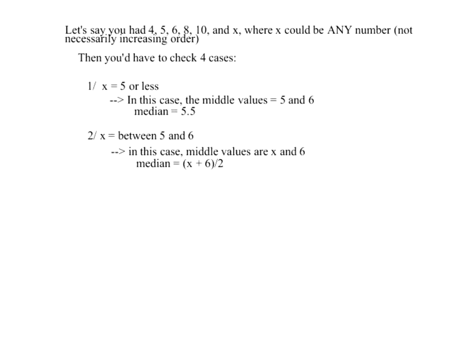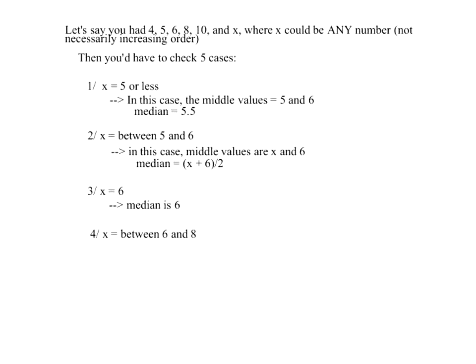If x is 6, then in this case, the median is 6. I guess you're looking at 5 cases, not really 4. And then if x is between 6 and 8, then it's 4, 5, 6, x, 8, 10.